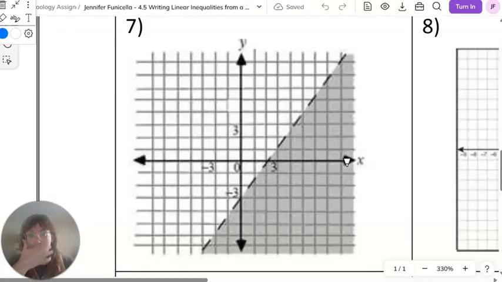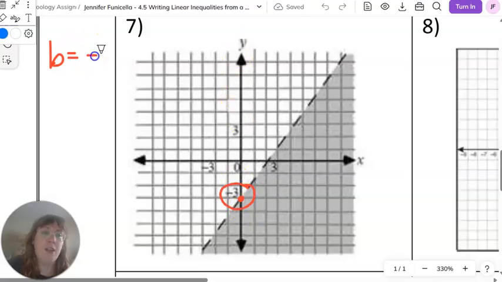Here we are. Question 7, our y-intercept is where it crosses that y-axis, right, at this value of -3. And our slope, if we find a couple points, has a rise of up 3 over 2, right?